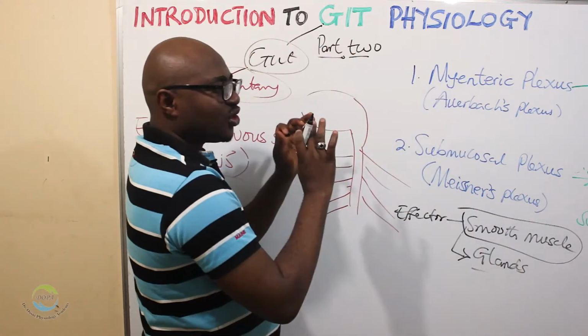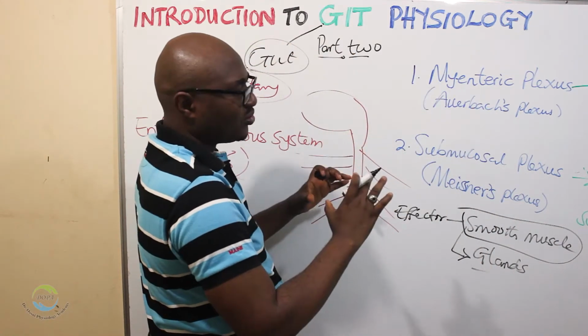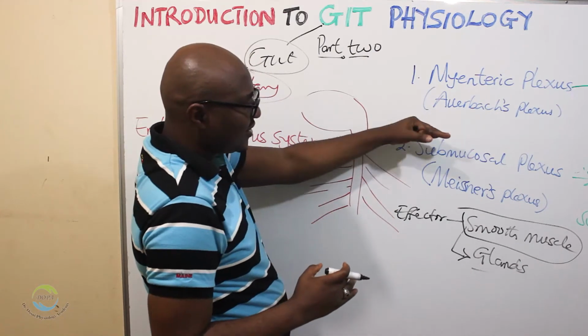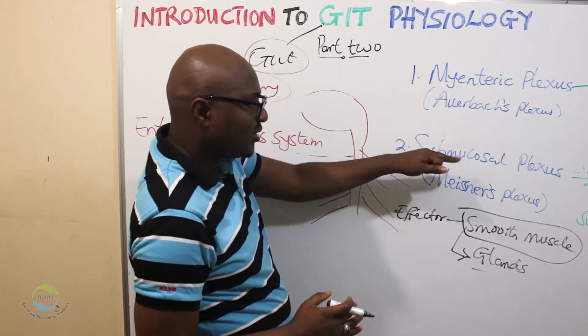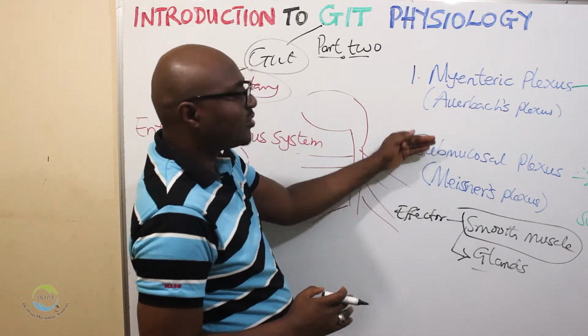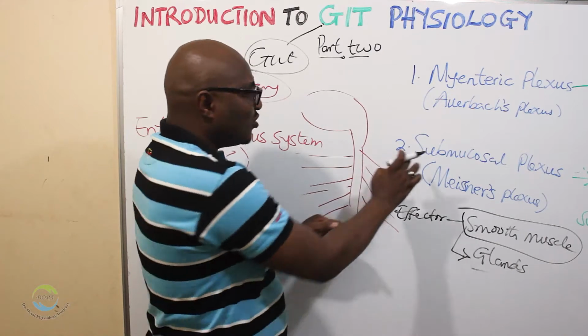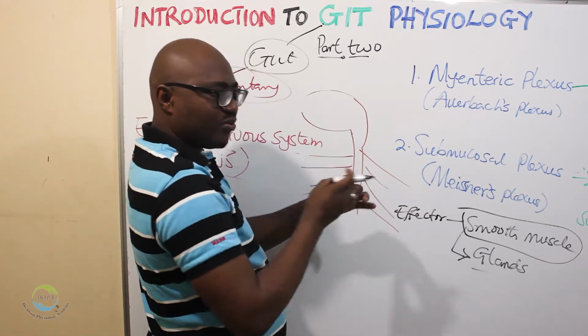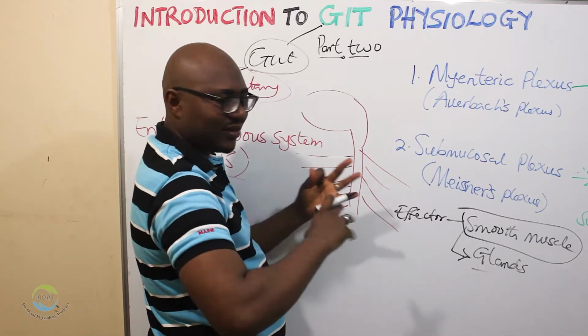Then the submucosal plexus, which is more abundant, is located close to the submucosal layer. After the submucosal layer, you also have the mucosal layer. These two layers have a lot of glands: submucosal glands and mucosal glands.